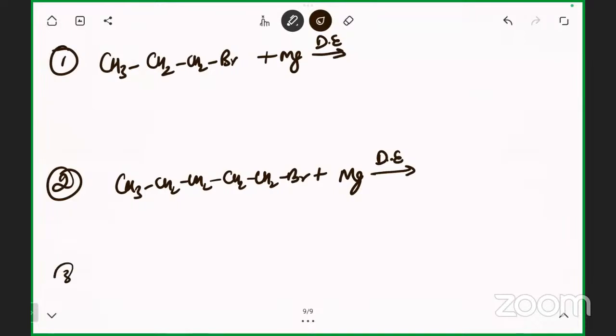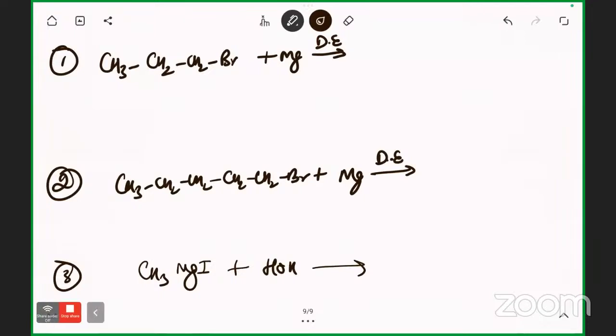Form the compound. Third reaction I'm giving you: CH3MgI directly reacting with water. Complete these reactions. I'm just coming. Just wait.